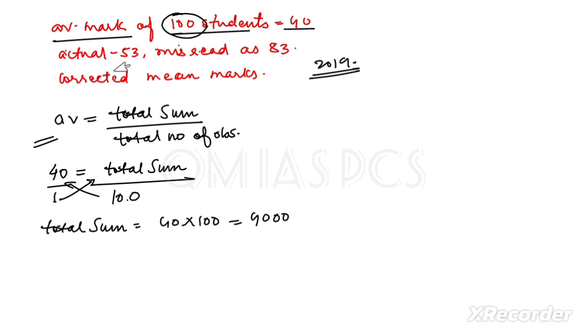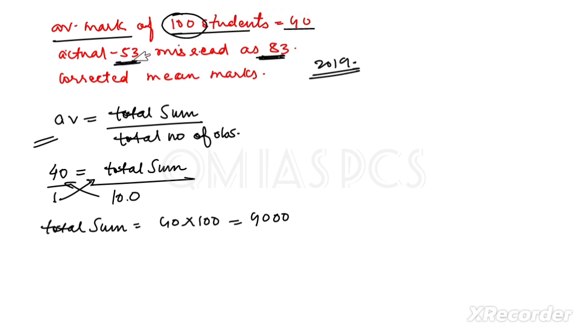Now it was said that when they were calculating the average marks, the mean marks, by mistake they read 53 as 83. There can be a human error. So 83 was wrong data, and we should replace it with 53.